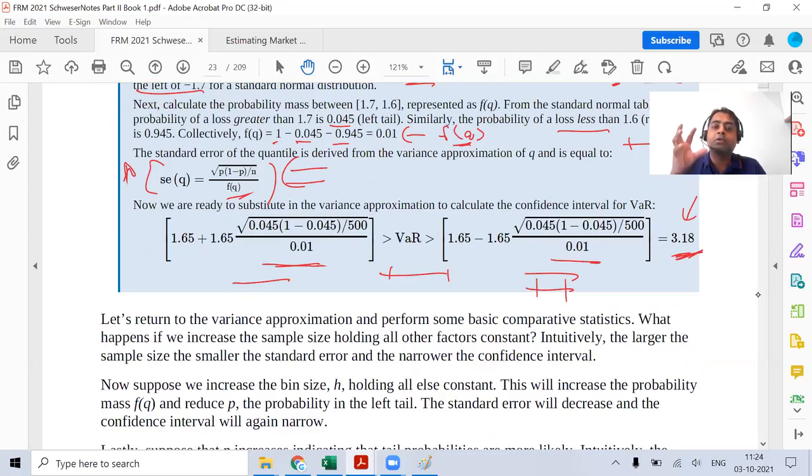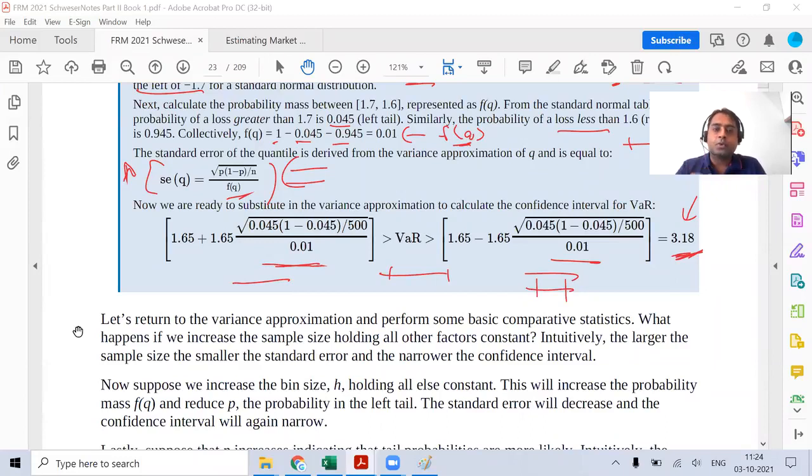Will my numerator become smaller or bigger? Smaller. When the numerator is becoming smaller, my standard error should also go down. Fairly simple. That is the first situation.